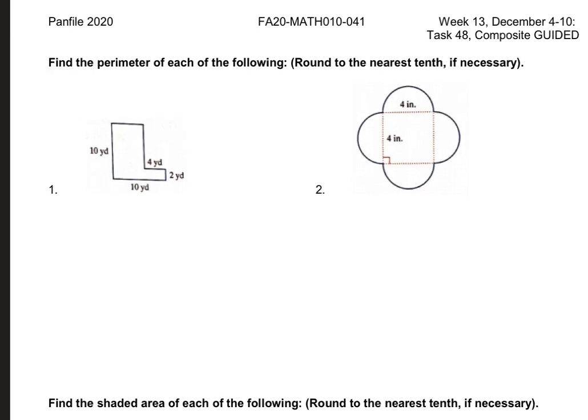All right, so we have to find the perimeter of the following, which means that we are finding all around the outside edges. So if I highlight what I'm looking for, I want this, this, this, this, this, and this. I have 1, 2, 3, 4, 5, 6 sides.